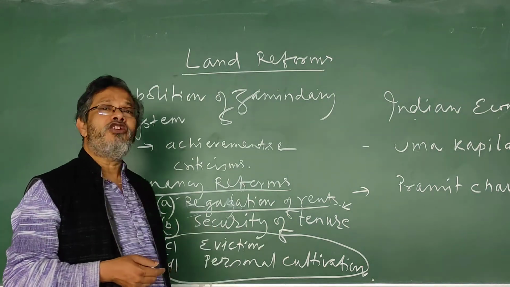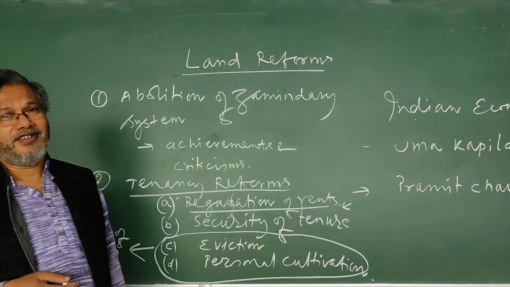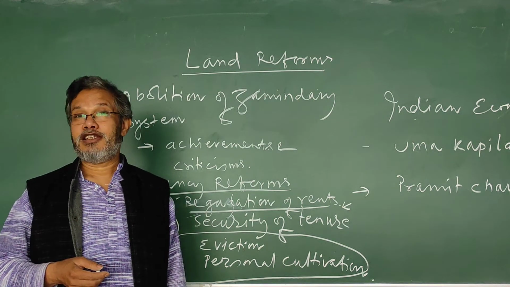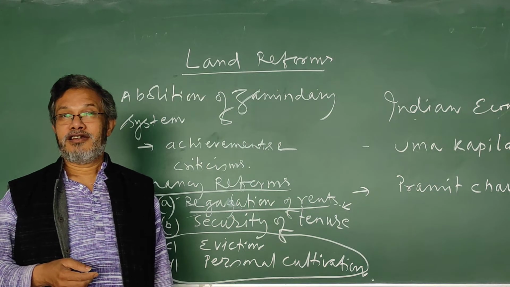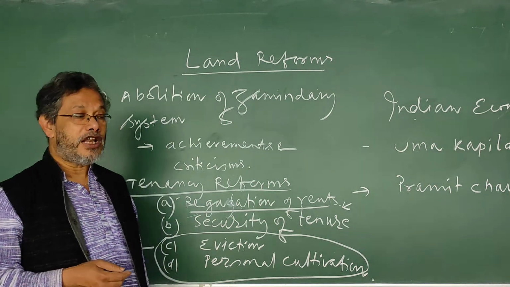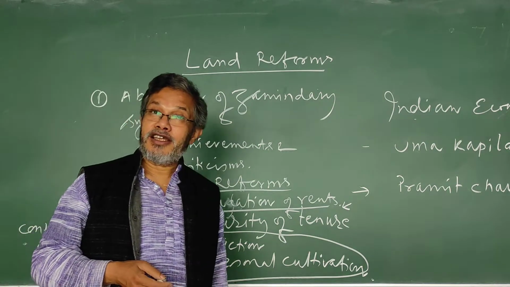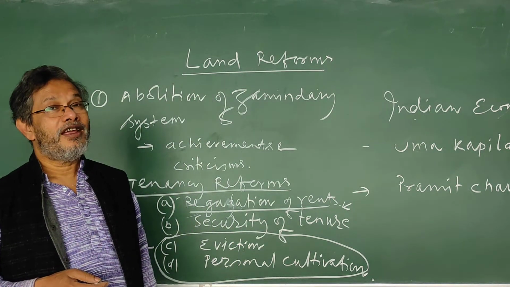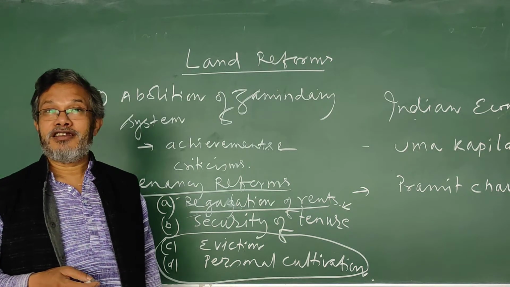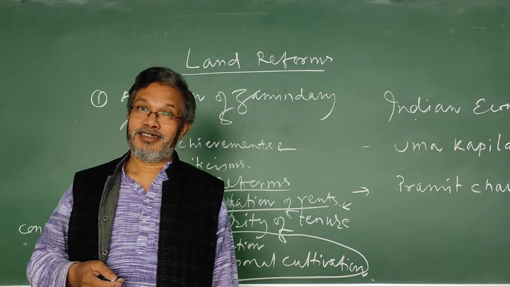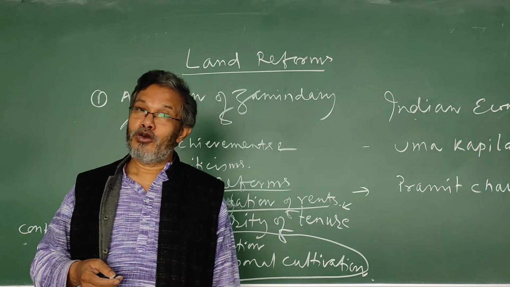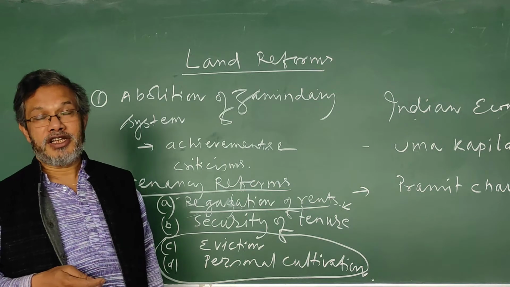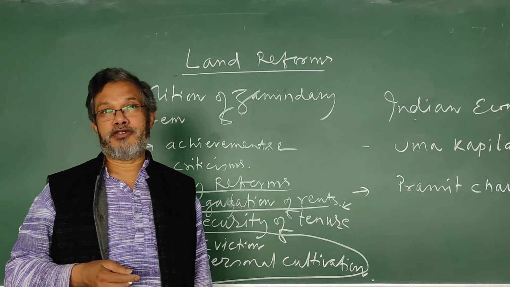That's why rents should be regulated depending on the nature of the land. If the quality of the land is good, well irrigated, the rent would be a little high, and if it is dry land, it may be a little less. That way, all over India, depending on the regions and irrigated or non-irrigated land, rents were fixed.